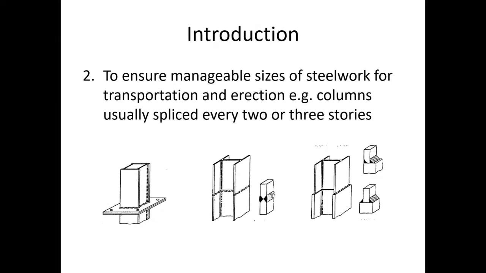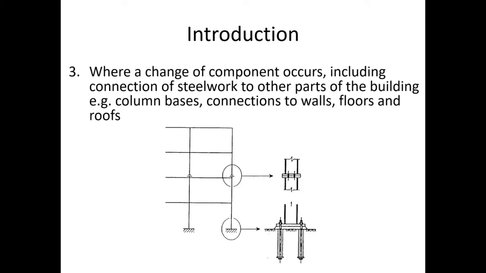For example, typically we don't transport steel over 12 meters, so we might have to put a connection in if we need a member longer than that on site. Also, for handling on site and moving the member around, the weight and the crane or lifting capabilities on site might mean that we have to limit the size of a member.